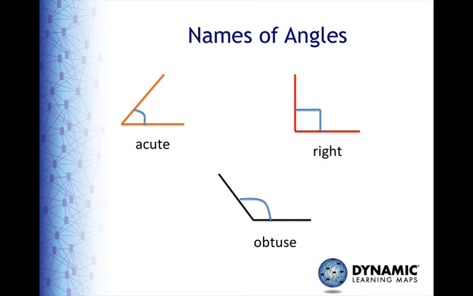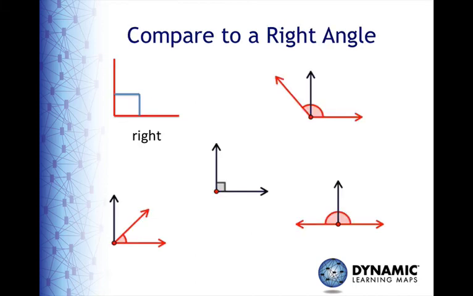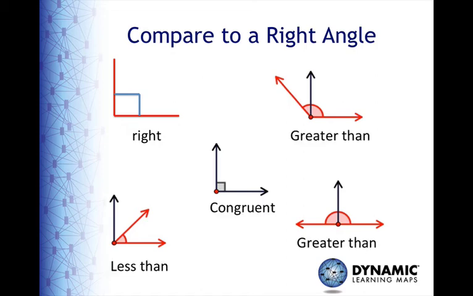The names of the angles are acute, obtuse, and right angles. The essential elements require the students to recognize these angles. It does not require them to use the words expressively. Finally, students are expected to compare an angle to a right angle and describe the angle as greater than, less than, or congruent to a right angle.